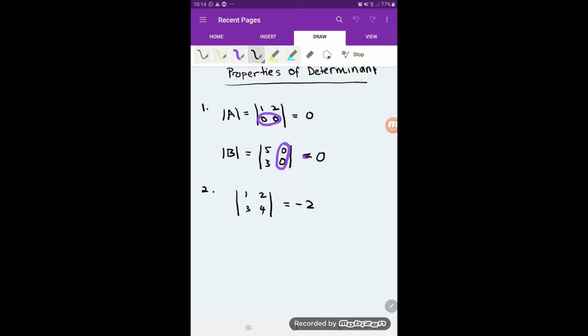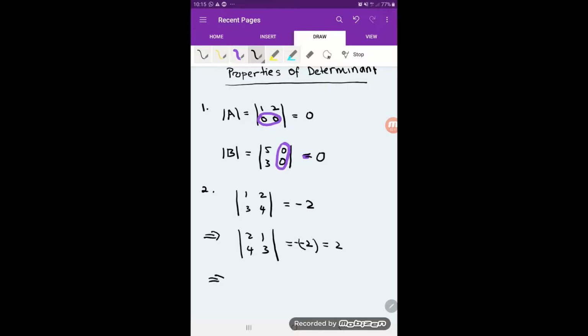So you interchange the columns, and you find 2, 4, 1, 3. That means the determinant of this matrix, you multiply by negative, meaning -2 multiplied by negative here. So the answer is 2.